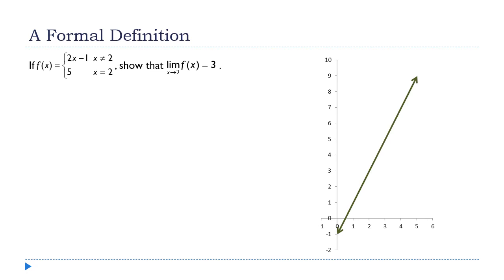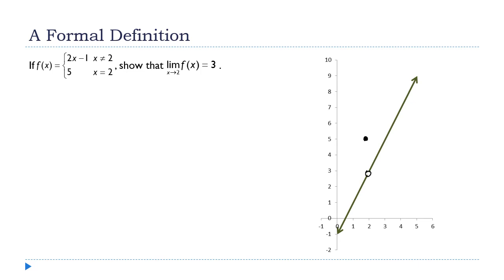I'm going to carve out this point here and replace it with something way out. Excuse me, it's not 5, it's 3. We're going to go up here to 3 and carve this point out, and this is where the 5 comes in. I'm going to replace it with 5. So my function actually looks like this.